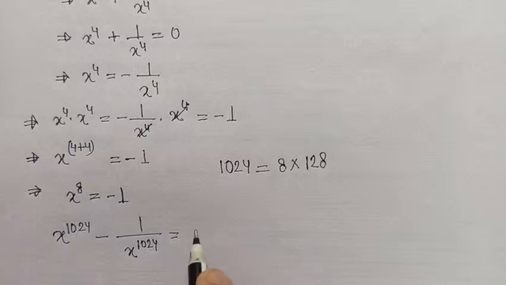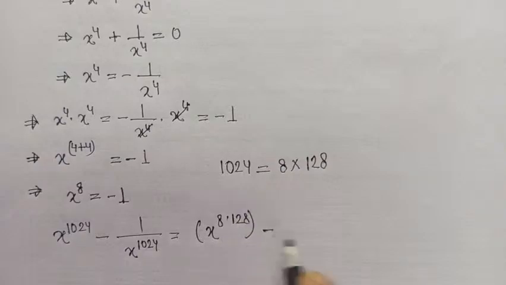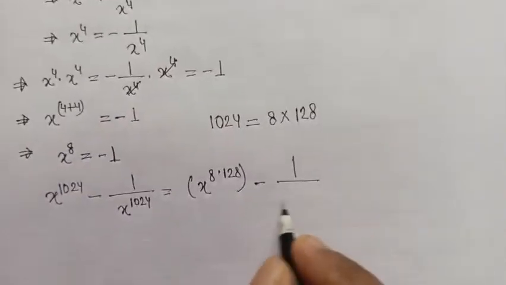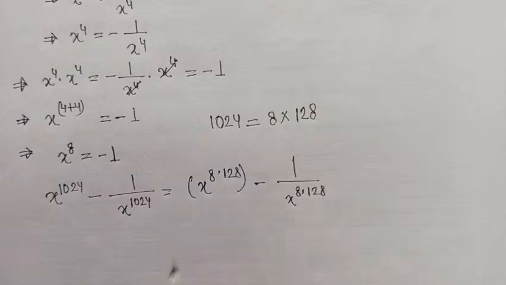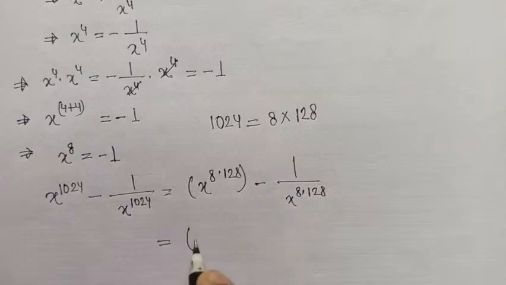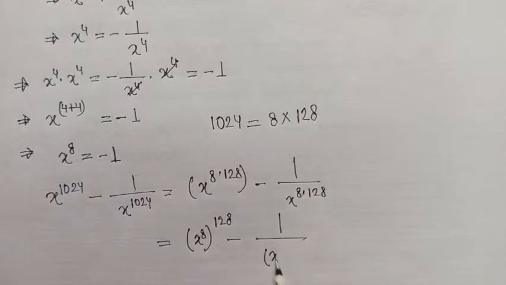So now we can write this as x to the power 8 into 128 minus 1 by x to the power 8 into 128. Now we can write the expression as (x to the power 8) to the power 128 minus 1 by (x to the power 8) to the power 128.